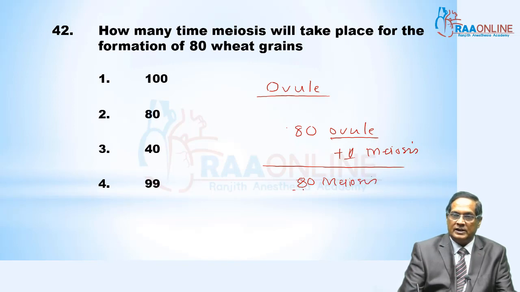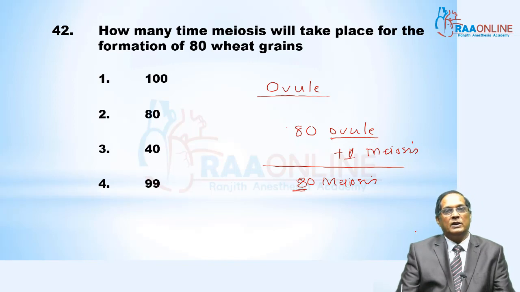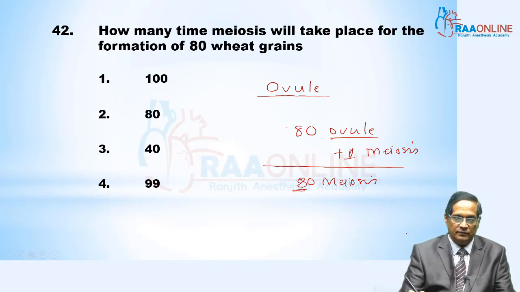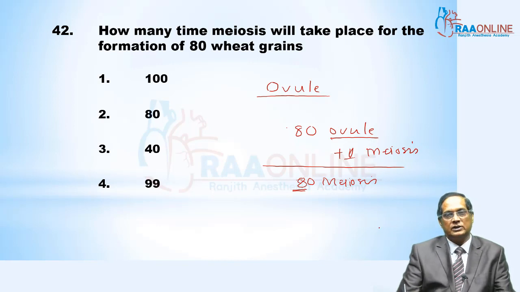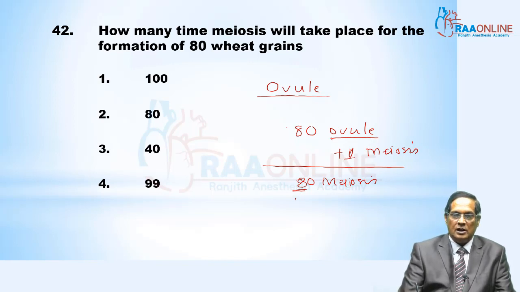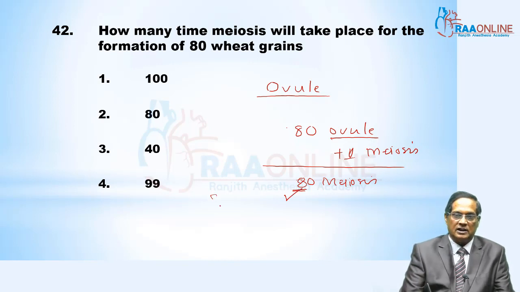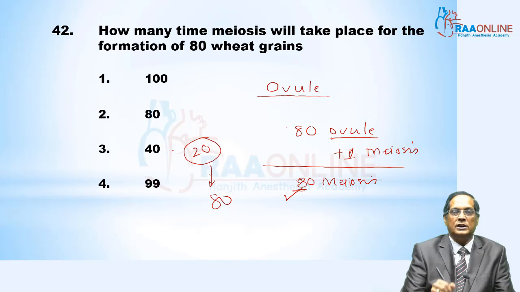Then each ovule is fertilized by one pollen grain; only then is it converted into a grain. For fertilization of 80 ovules, 80 pollen grains are required. These 80 pollen grains are formed from 20 pollen mother cells (PMC) by meiosis.